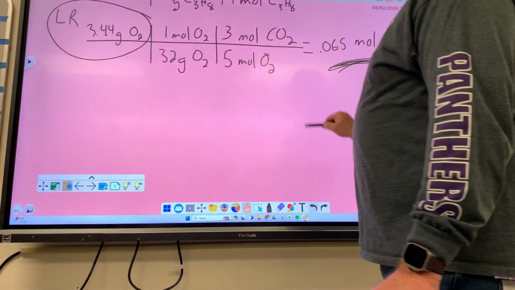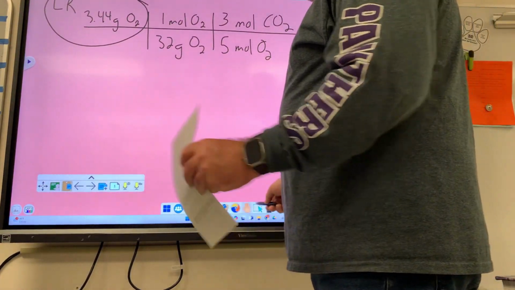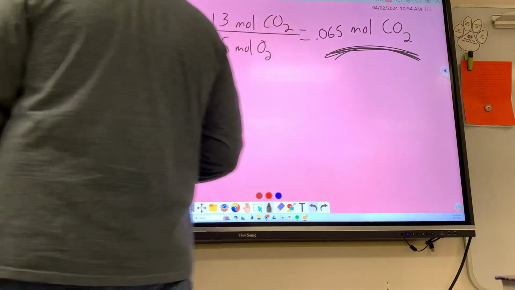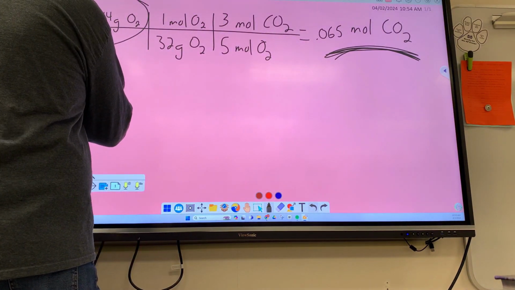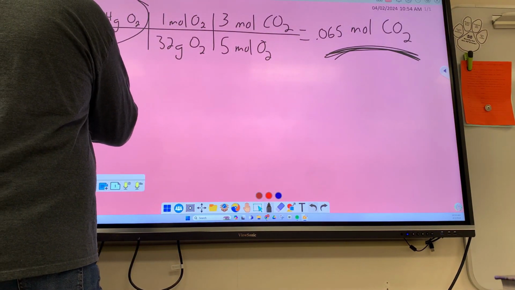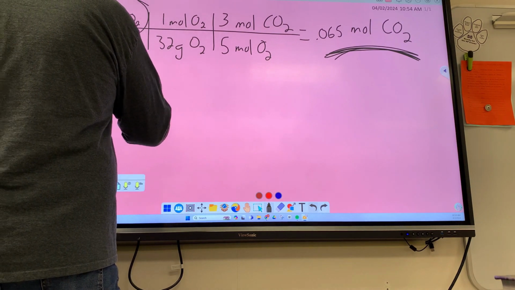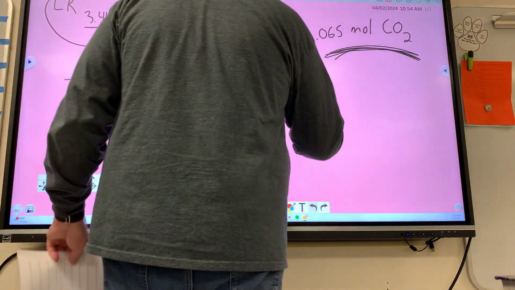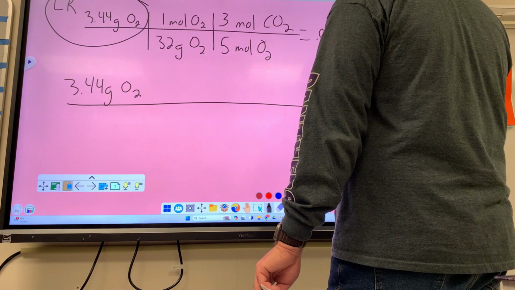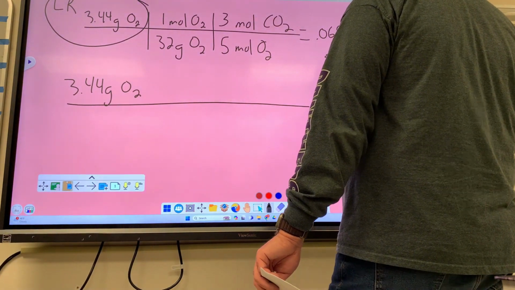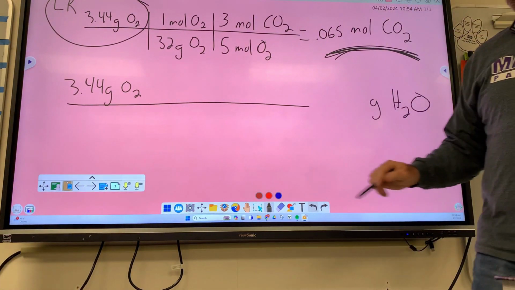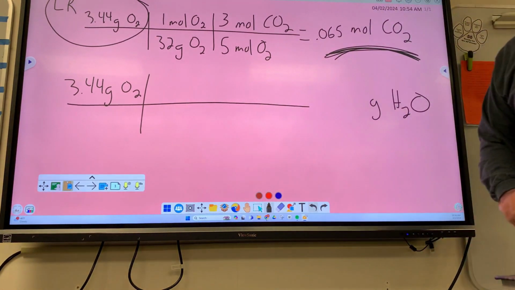So in this case, to figure out grams of water, we want to start with our limiting reactant, 3.44 grams of O2. Have a T-chart, and at the end of it, we want to come up with grams of H2O. So again, this is just a T-chart.